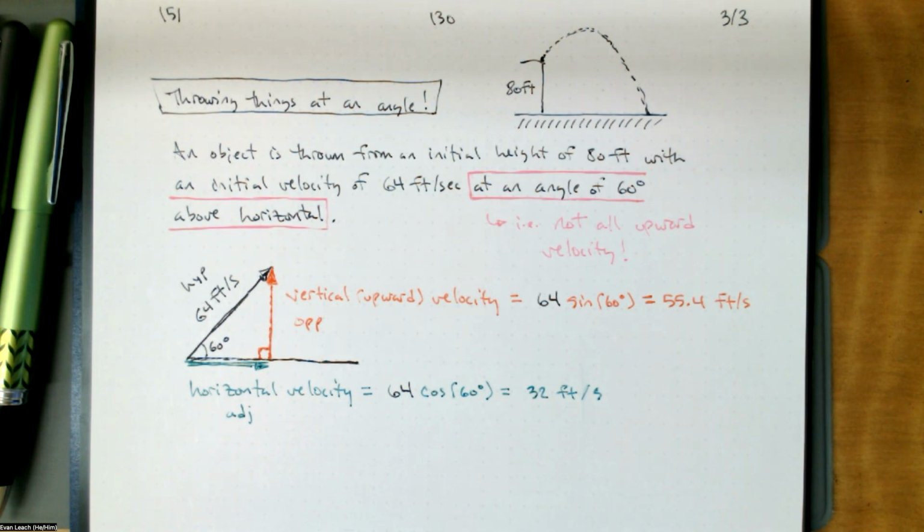So now we have two things that we're going to go after. We're going to look at the height of the object at t seconds after being thrown. I need the upward velocity, so the 55.4 is what I'm going to use for my initial upward velocity.